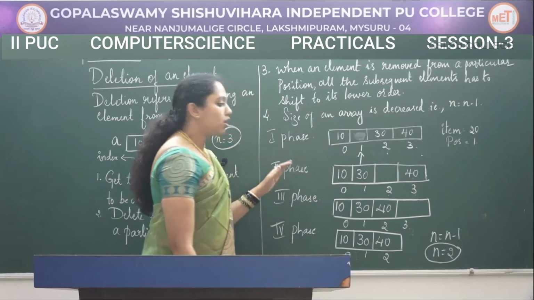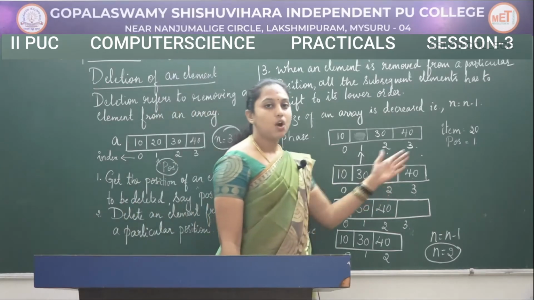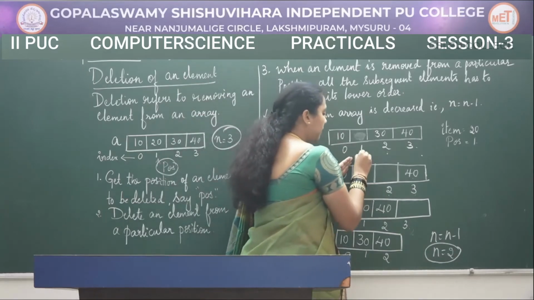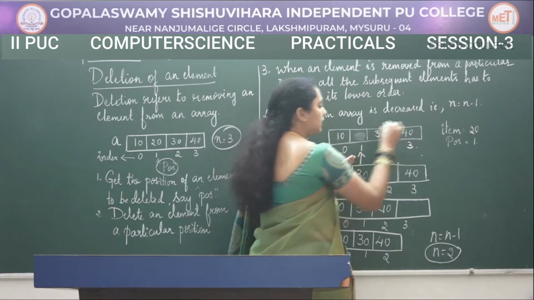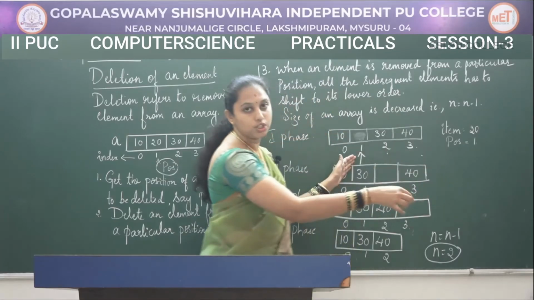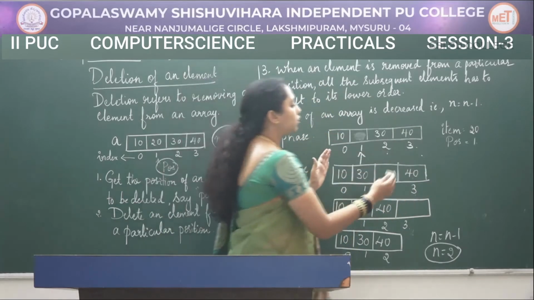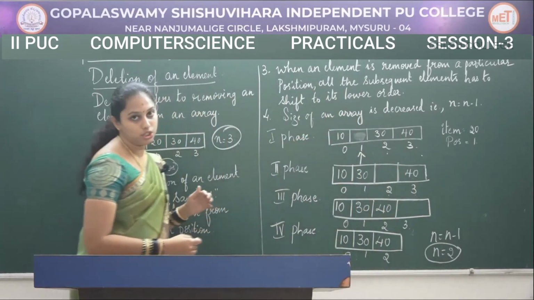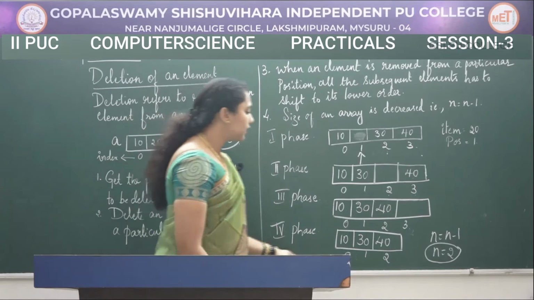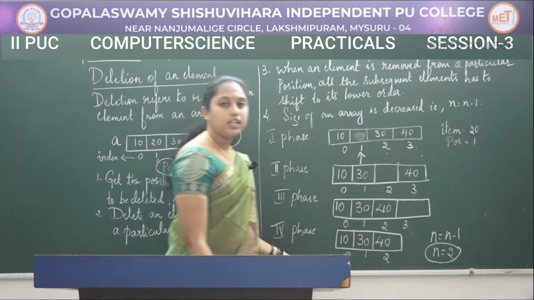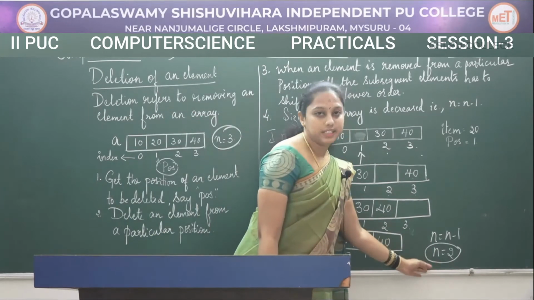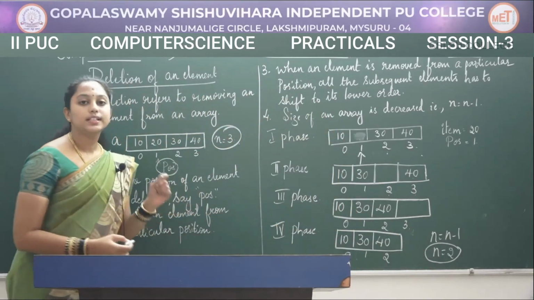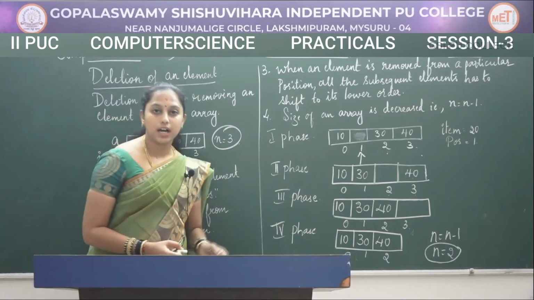In the next step, we shift all the elements from the deleted position till the last position of an array to their lower order positions. After deleting an element from an array, the array size is decreased. So this is how we are going to delete an element from an array.